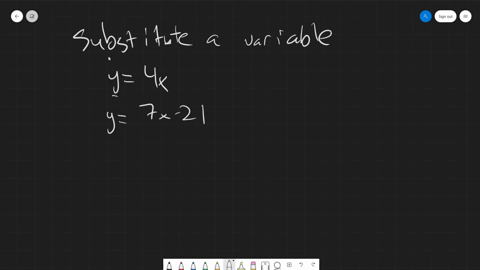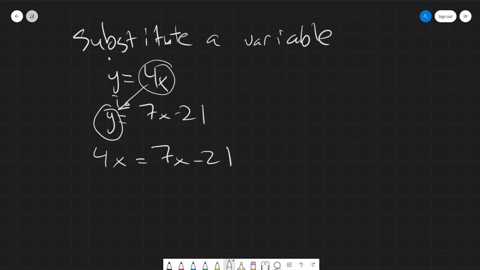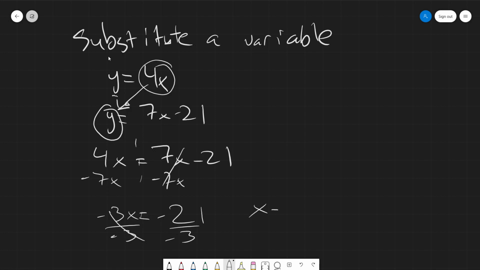Since y is by itself and equal to 4x, I can change this y into 4x. Then I'm just solving, so I'm getting my x's on the left since my number is already on the right. Opposite of a positive 7x is a negative 7x, and I get negative 3x equals negative 21. And then I divide out and get that x equals 7.